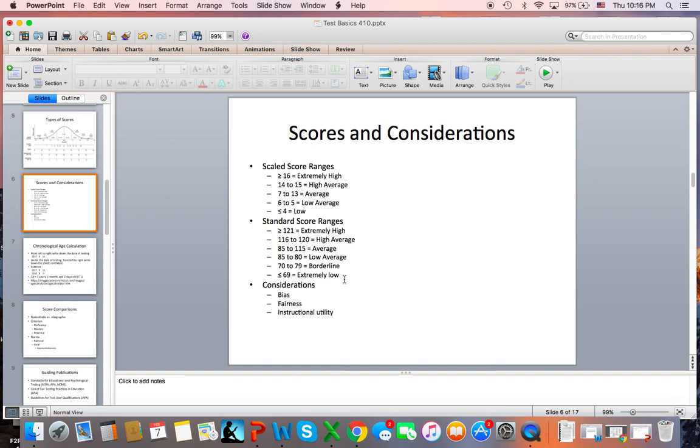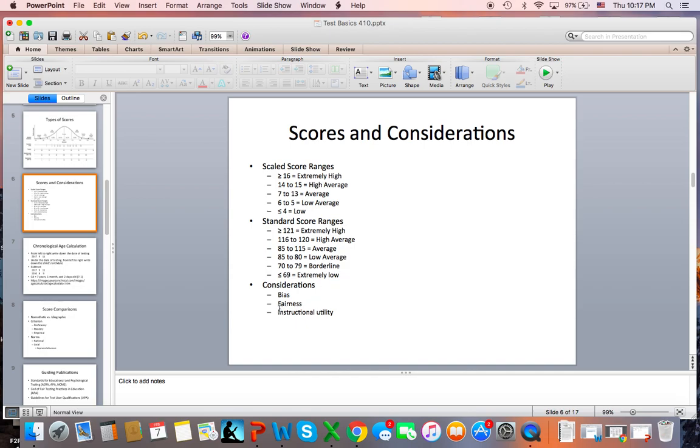Bias has been checked for by test publishers through what's called differential item functioning. At an item-by-item level, it checks for systematic variance as a byproduct of group membership. They take a look at each item, and if one group is favored by that item, then they'll eliminate that item from the test.